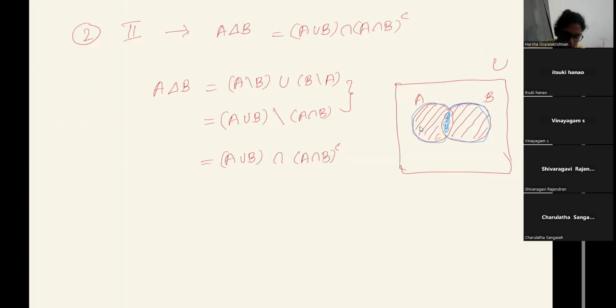So both are equivalent. And A intersection B complement, from second to third also. Okay, madam. Clear. Thank you.